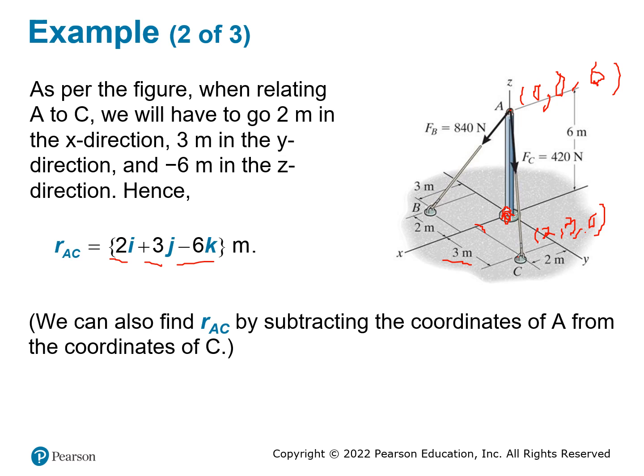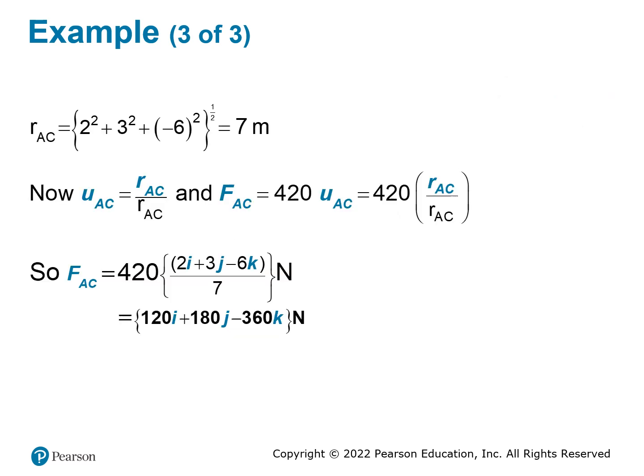How do we find a unit vector? The magnitude of r_AC is the square root of the sum of the squares of the x, y, and z components, which gives 7 meters. The unit vector is the vector itself divided by its magnitude.